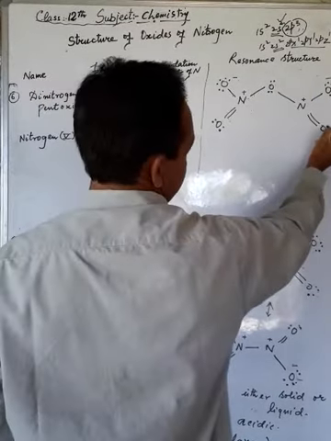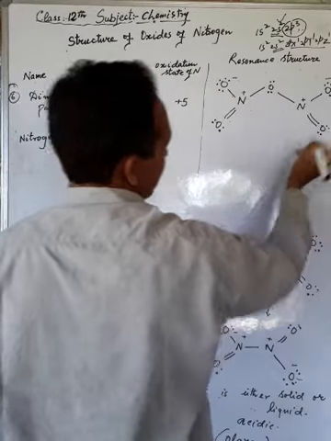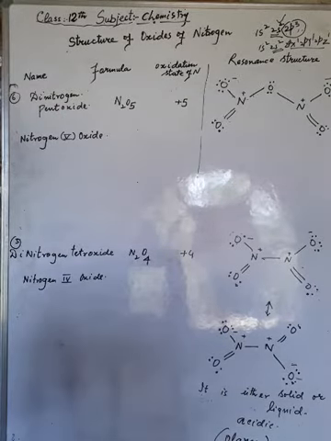Similarly, like this, we have this oxygen has 8 electrons.